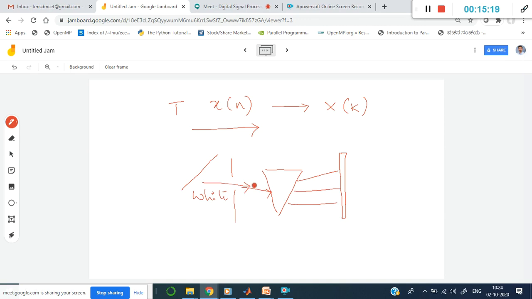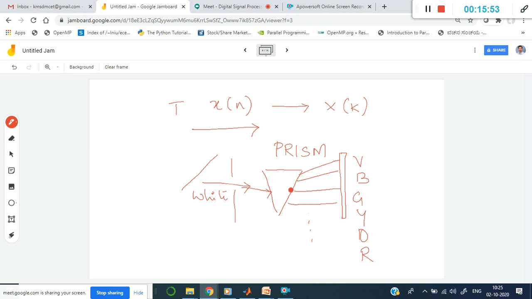The white light is going to split into seven different colors: violet, blue, green, yellow, orange, and one more is red. So this is what I get when I keep a prism, seven different colors.